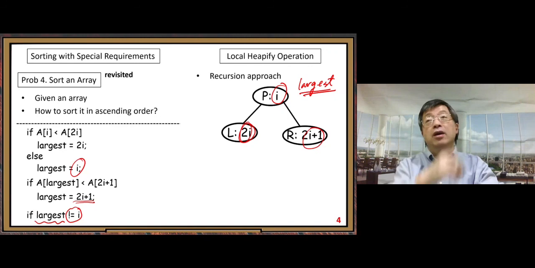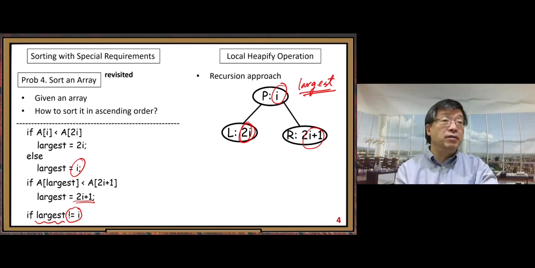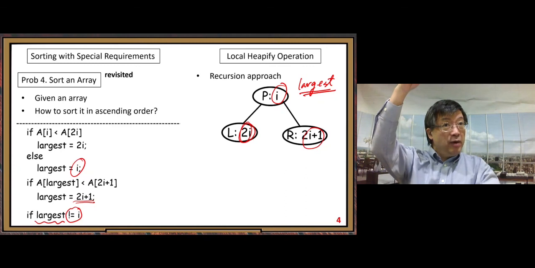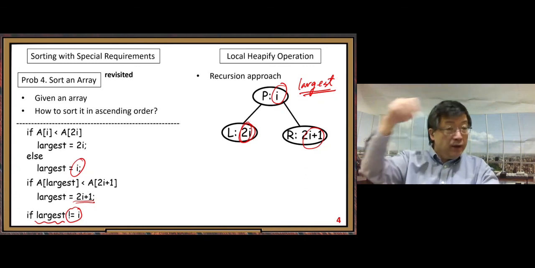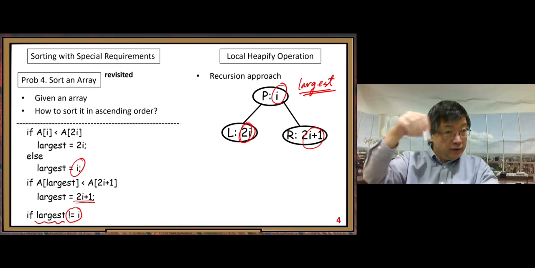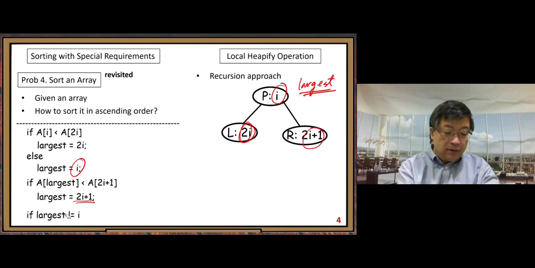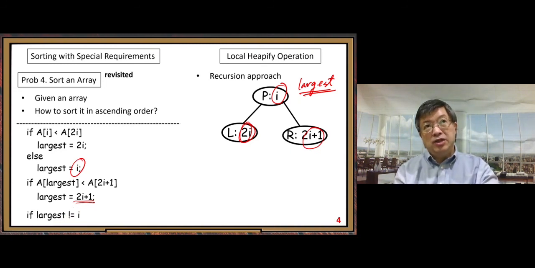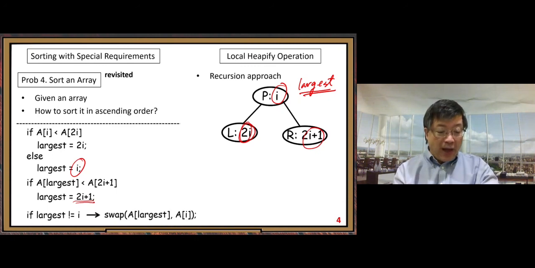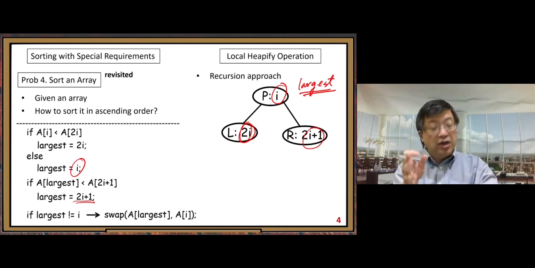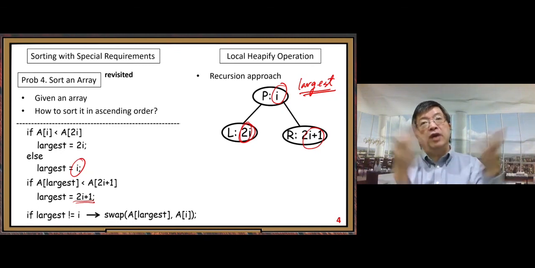If it equals I, we do not need to change anything, since the value of the parent is already greater than the value of each child node. But if largest does not store I, we need to do a swap operation: swap A of largest and A of I, the values of these two elements.